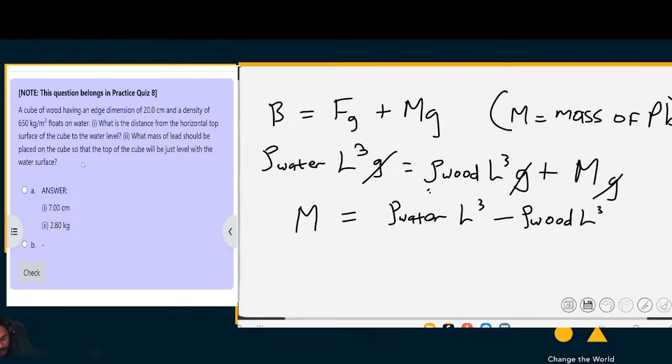So we can take out L cubed, which is the volume of the block, and then it's just the density of water minus the density of wood.